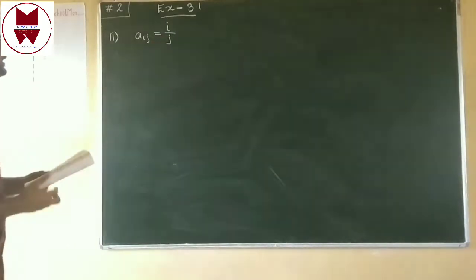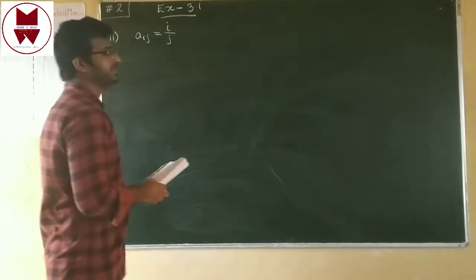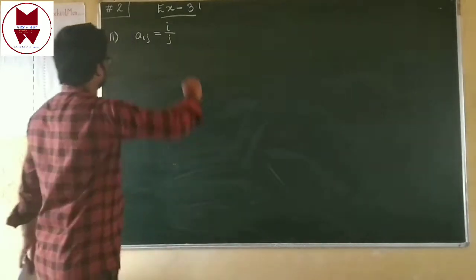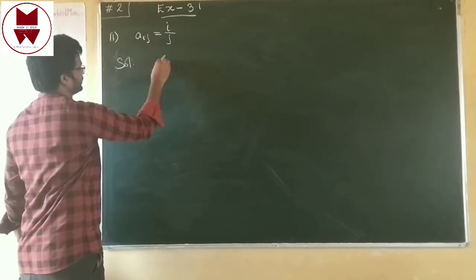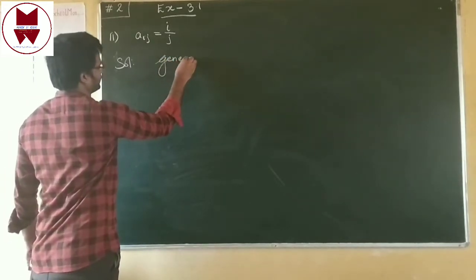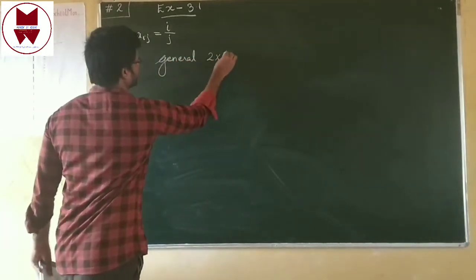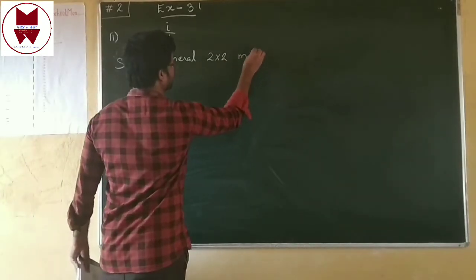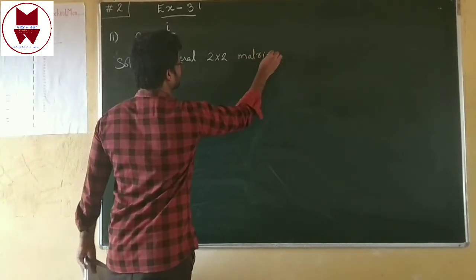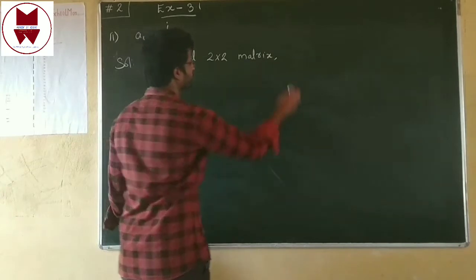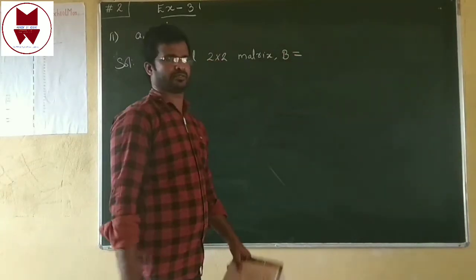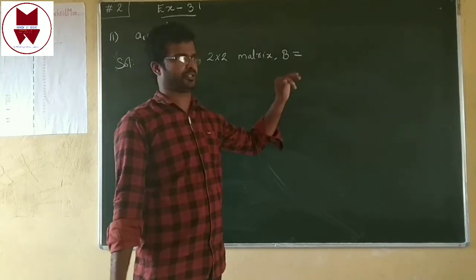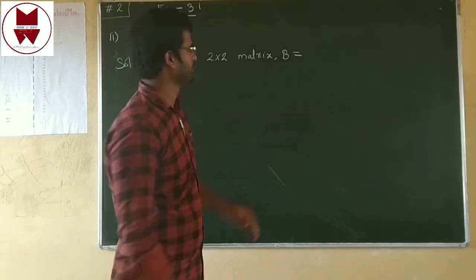One general term is given, Aij equal to I divided by j. General 2 by 2 matrix. B equals, I am just giving the capital letter B. You can give it any name, I am just giving B.